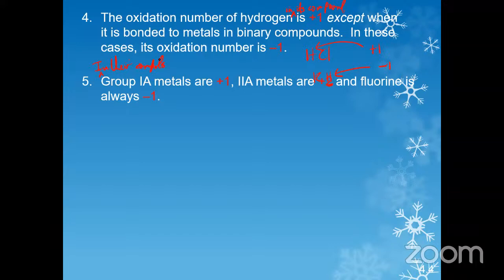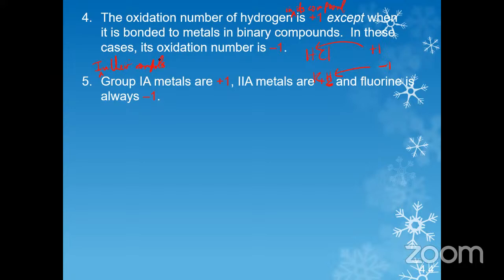Group 2A metals have an oxidation number of +2. And fluorine is always -1, right? So if fluorine is bonded to anything other than fluorine, then the oxidation number of the fluorine in that compound is -1. As far as group 1A and group 2A metals are concerned, if they're bonded to anything, the oxidation numbers are always +1 and +2 respectively.